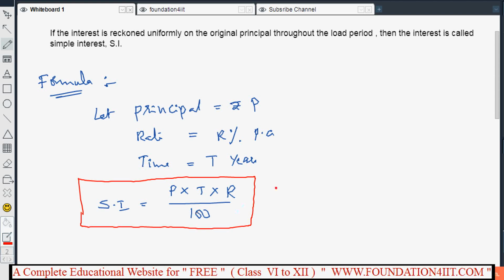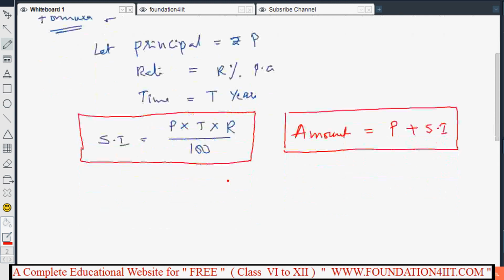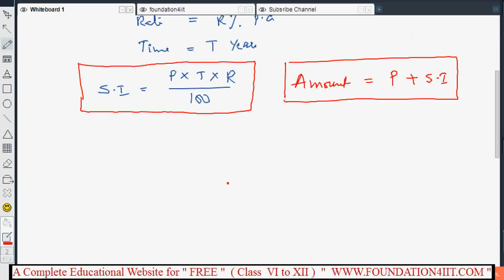Then if you want to find the total amount, how much amount we need to pay back, that amount is equal to principal plus simple interest. This is also an amount formula. Then we can simplify some more. Amount is equal to principal plus simple interest.